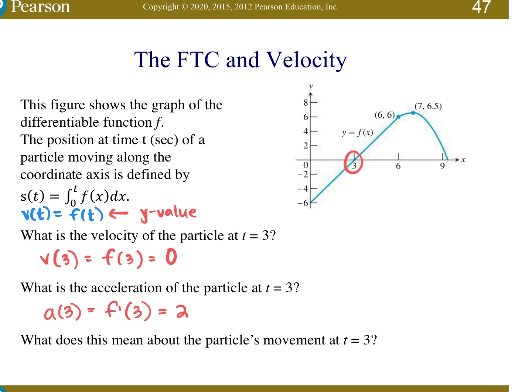So what does that mean about the particle's movement at that time? We compare the velocity and the acceleration. At time 3, the velocity is 0. It's still. The particle is, we say, at rest because it has 0 velocity.